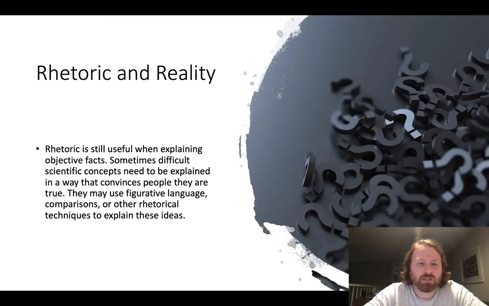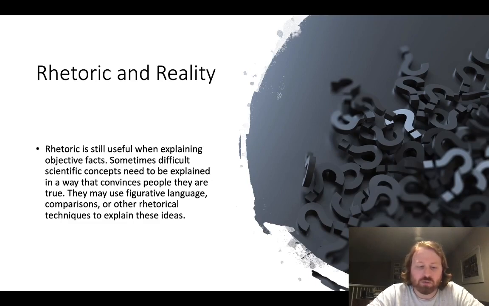I do want to point out that rhetoric is still useful when explaining objective facts. Sometimes difficult scientific concepts need to be explained in a way that convinces people they are true or that allows people to kind of grasp a very difficult concept. So, in some cases, scientists may use things like figurative language, like metaphor, simile, or comparisons, or other rhetorical techniques to explain these ideas.